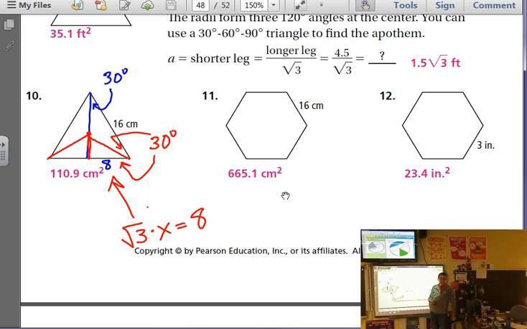So to find my apothem, it's 8 divided by radical 3. 8 divided by rad 3. 4.6. Is that a good answer? I mean, I get 4.618, so if you want to be specific, you could just say 4.62. Okay.